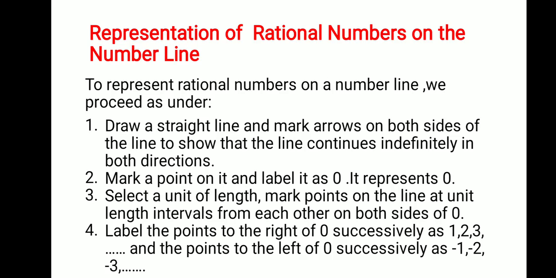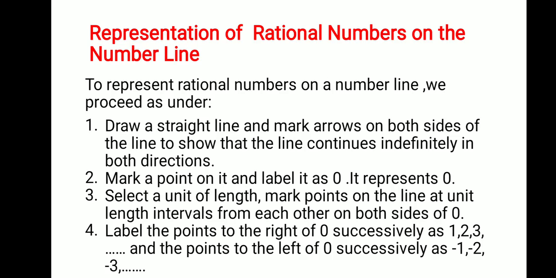Now, to represent rational numbers on a number line, we proceed as under. It is well known to everyone that first of all, to make a number line we need to draw a straight line and mark arrows on both the sides to show that the line continues indefinitely in both the directions. Now in the center of this line we mark a point and label it as 0.